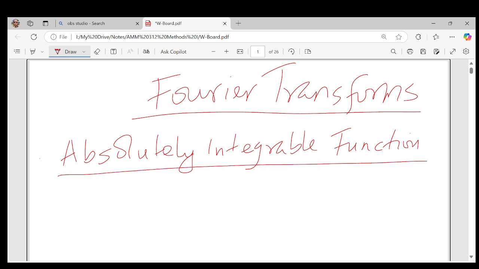So what is an absolutely integrable function? Suppose we have a function f of t.